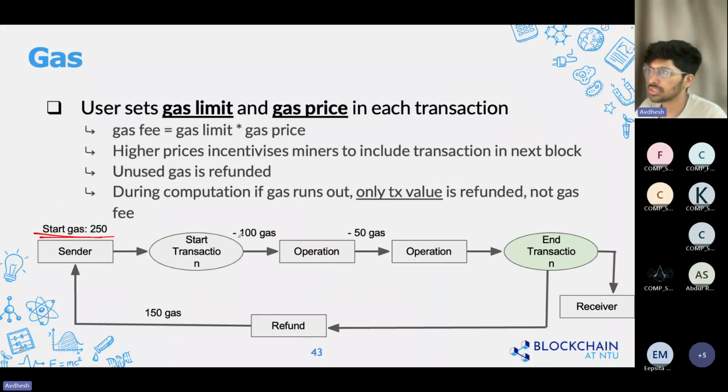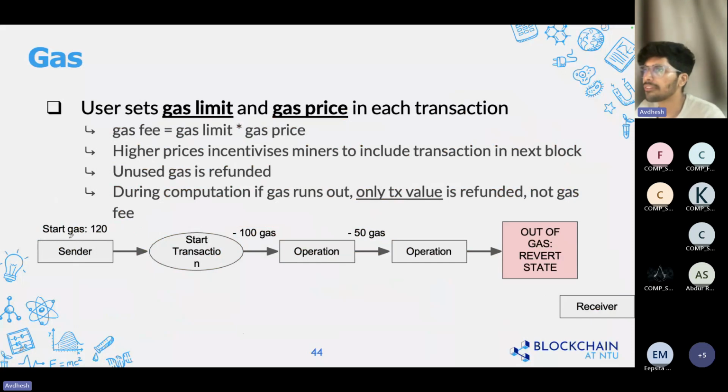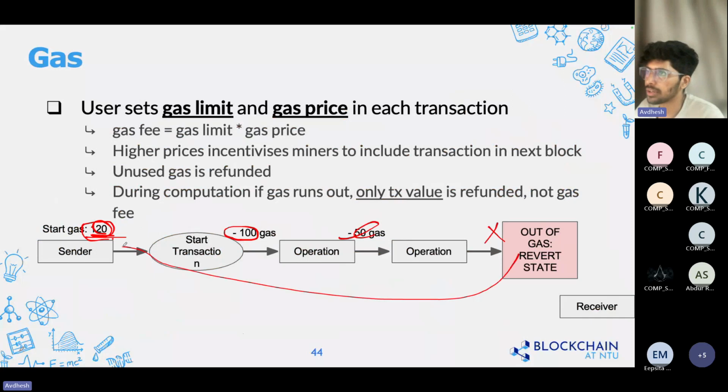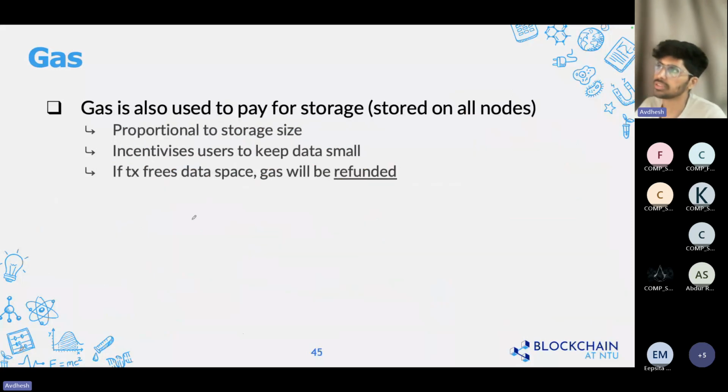If the transaction is using 150 gas, so 250 minus 150, it will return 100 and it will end the transaction. But if you don't have enough gas, like the start gas you have indicated is 120, but you have used more than the gas amount you have indicated, then it is out of gas, and it will revert back to the sender and nothing will be received on the receiver's end.